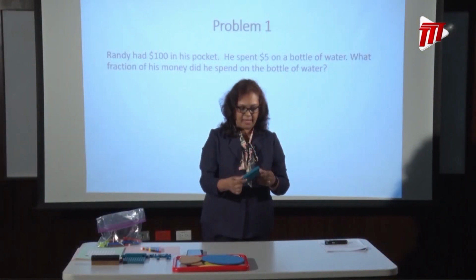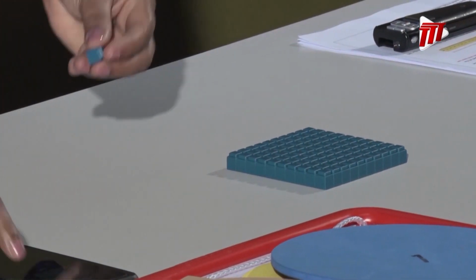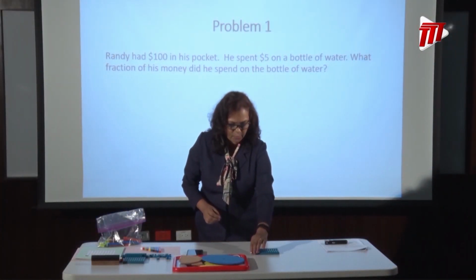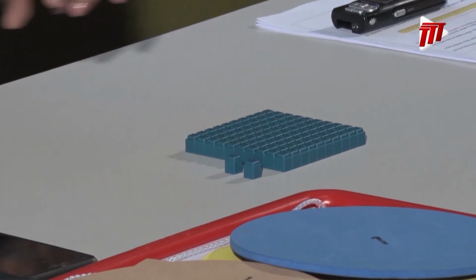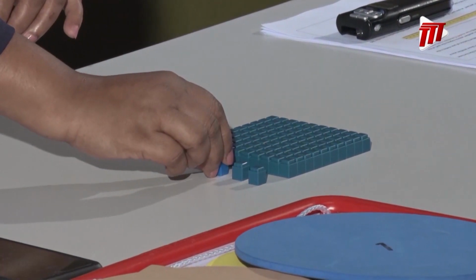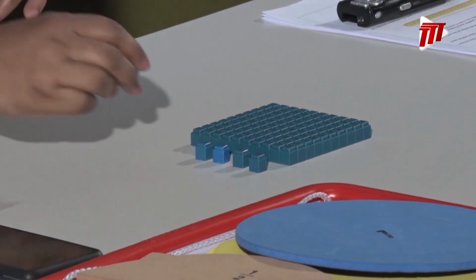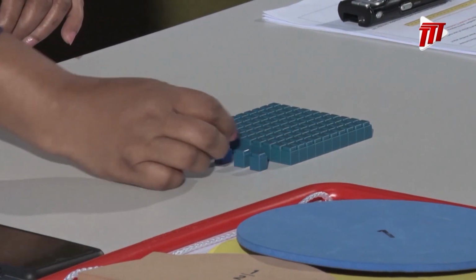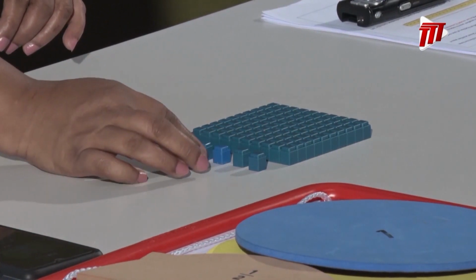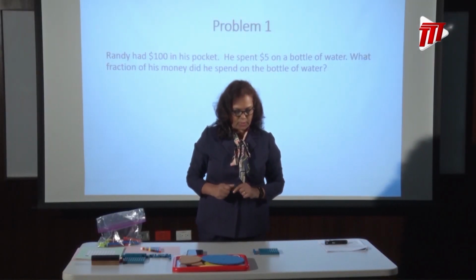So I'm going to rest the flat down. This is 100. The 100 represents the whole, which is the amount of money that Randy has, $100. And I have next to the flat 5 units, which represents the $5 he spent on the water.